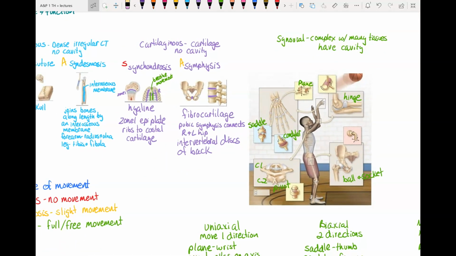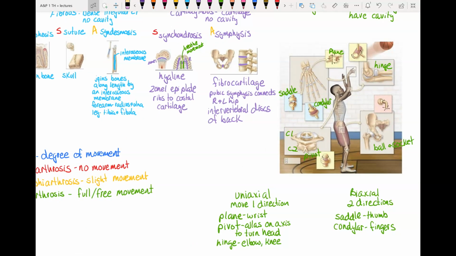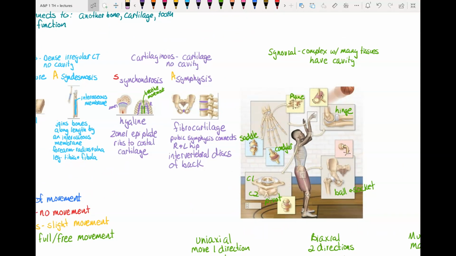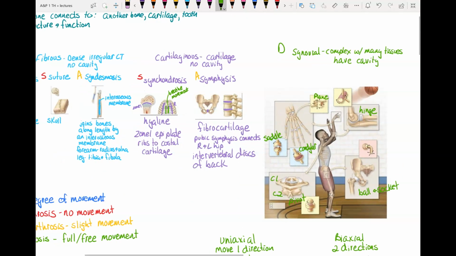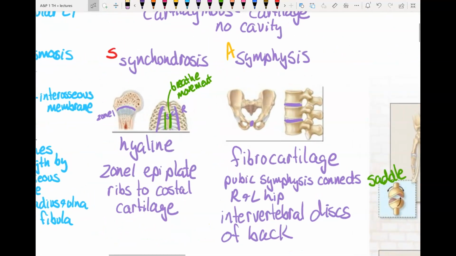Then the synovial. Notice I did the synovial in green and I did diarthrosis in green. That's because all synovial are diarthrosis and all diarthrosis are synovial. Notice we didn't use diarthrosis on anything else. And here where I put diarthrosis in the rib cage, that's because that's a synovial joint.